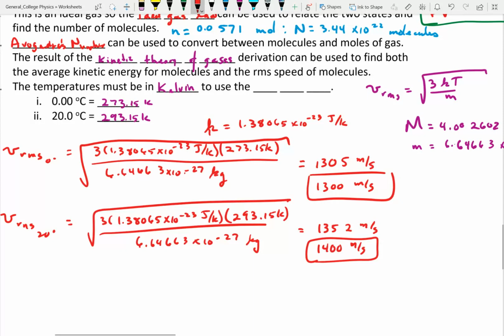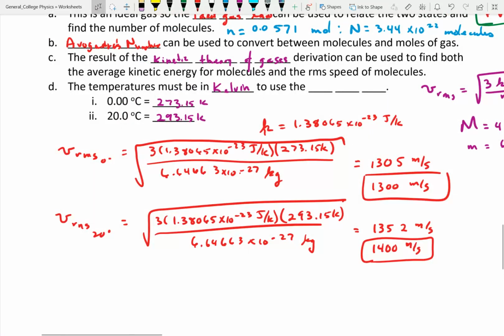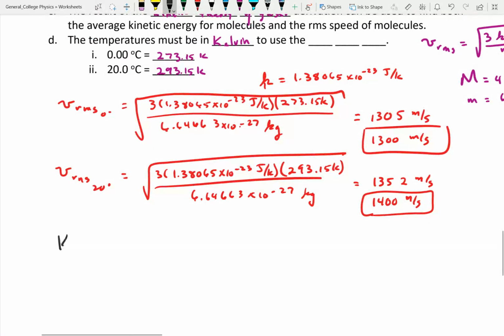Now, there are two more things that I need to do. One that I skipped over, but should have done earlier, is finding the volume when the temperature increases. The other is finding the average kinetic energies. So let's do the average kinetic energy to finish this out, and then go back to finding the volume using the ideal gas law. I can find average kinetic energy two ways.